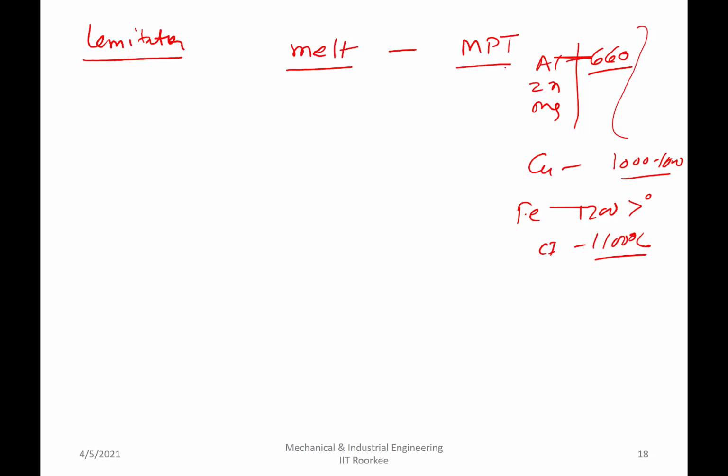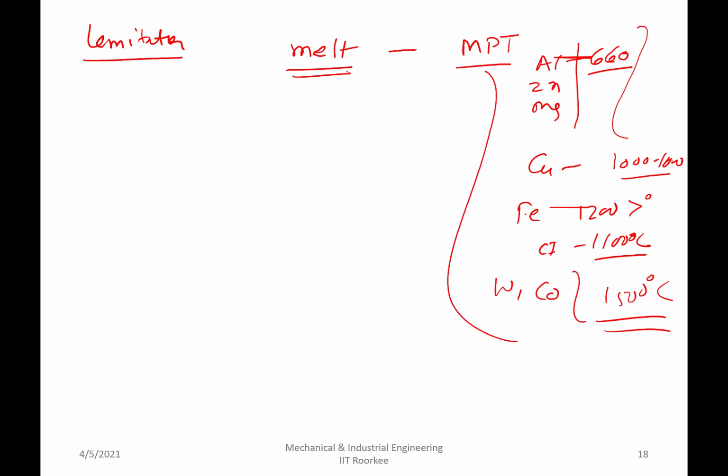Greater than that, there are a number of metals like tungsten, cobalt, those having a temperature greater than 1500 degrees centigrade, so they will be more difficult to melt. So melting is the primary requirement, and your metal must be easy to melt, which will to a great extent depend upon the melting temperature.